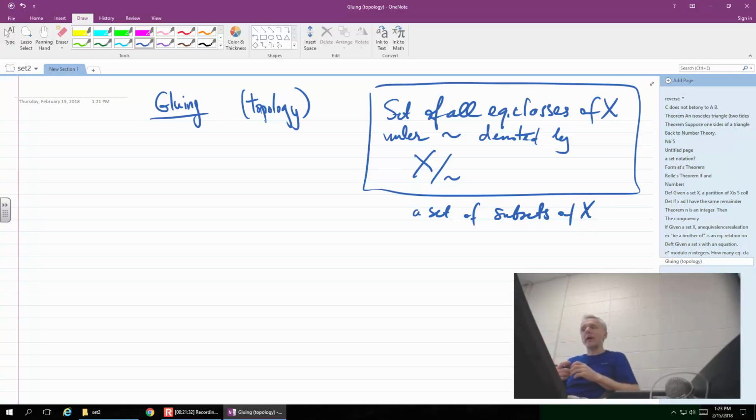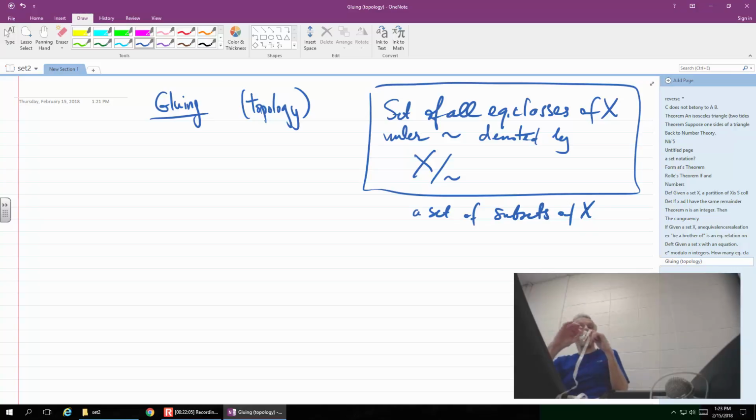And one thing is, instead of thinking of equivalence classes as sets, what if we collapse them to a point? What I mean is, I was creating a circle on and on, but imagine that instead of just putting it here, there are two different points, 0 and 7. What if I glue them together? And then I say that's the same point.